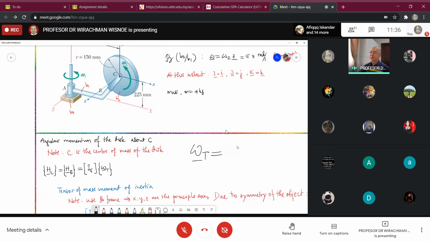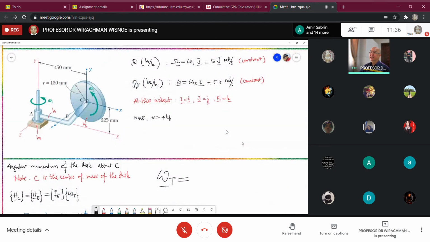You just add these two. Am I right? Add these two. This one plus this one. Okay. So you convert the capital J to small j plus 15K. This one is not Z, sorry. This is K, small k. Okay, everybody know.